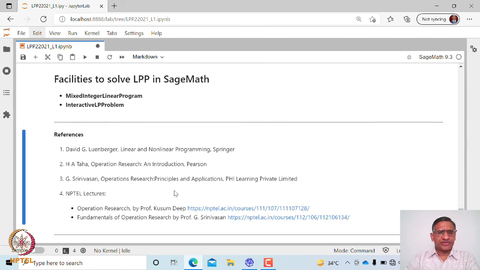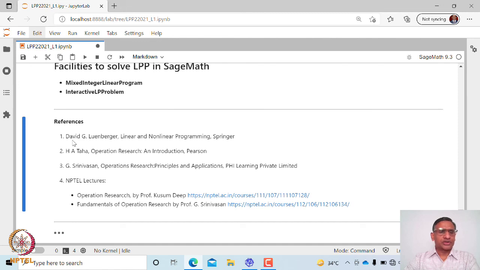And these are some references you can look at. The first one is a book on linear and non-linear programming by David G. Luenberger. This is a Springer publication. There is another book on operations research by H.A. Taha, titled Operations Research: An Introduction, published by Pearson.